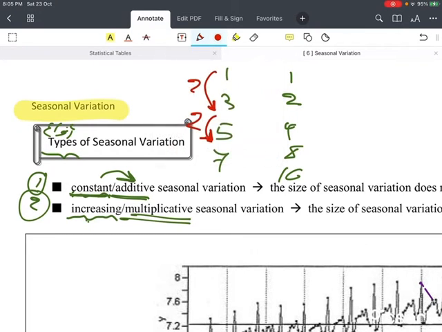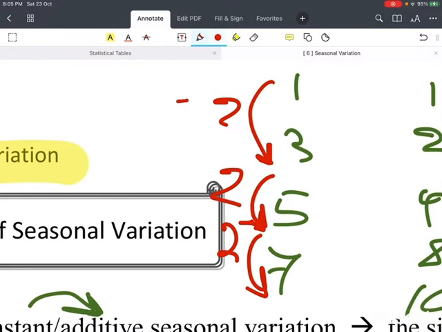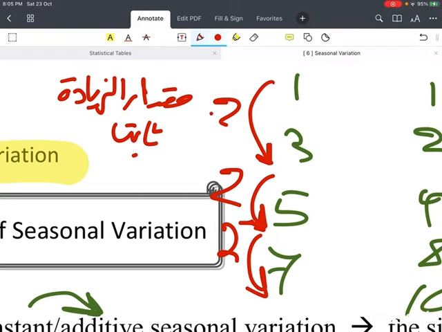From 5 to 7 it also increased by 2, and so on. So the amount of increase is constant: plus 2, plus 2, plus 2.